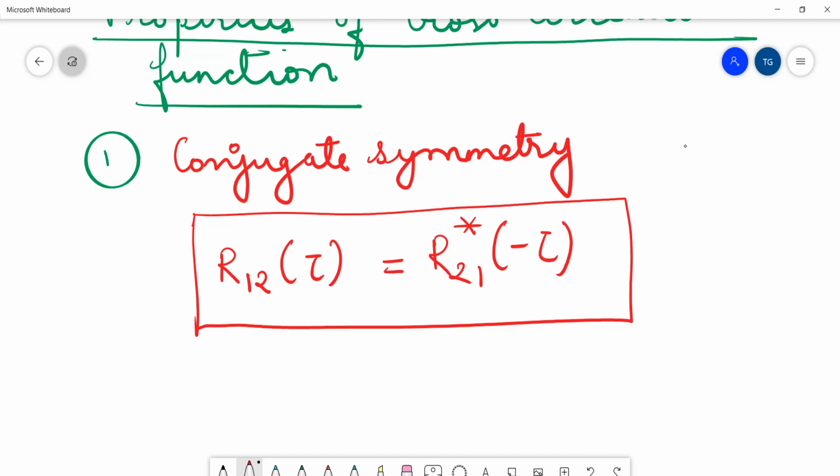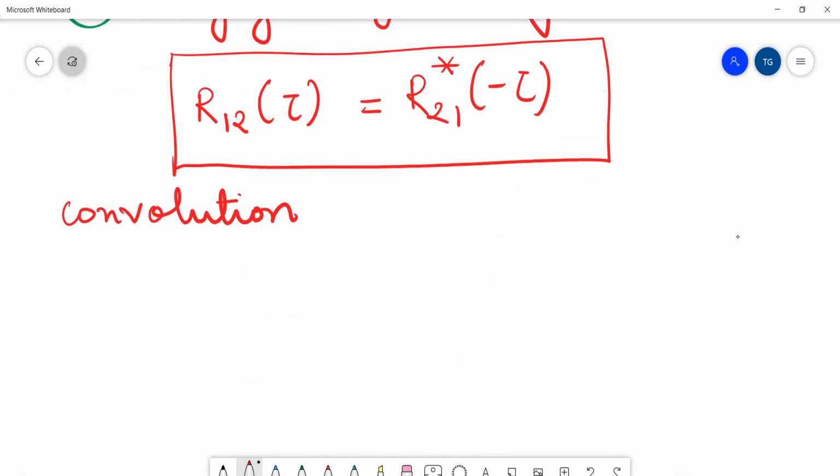We have seen that in convolution, when we perform convolution on two signals, then they obey the commutation property. So what does this commutation property mean? They are commutative in a way.